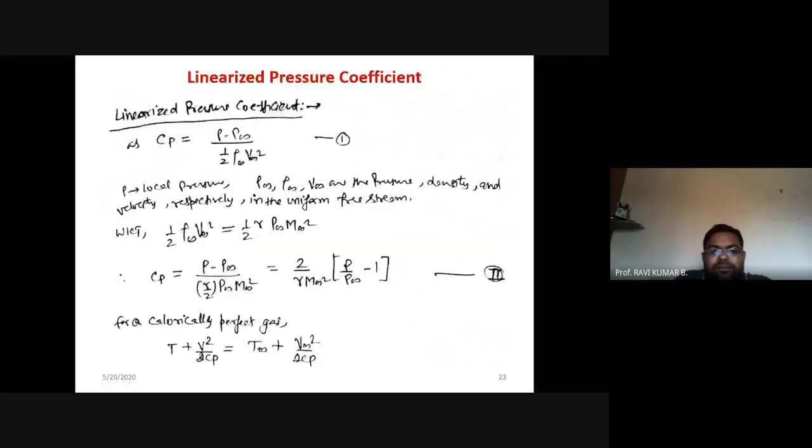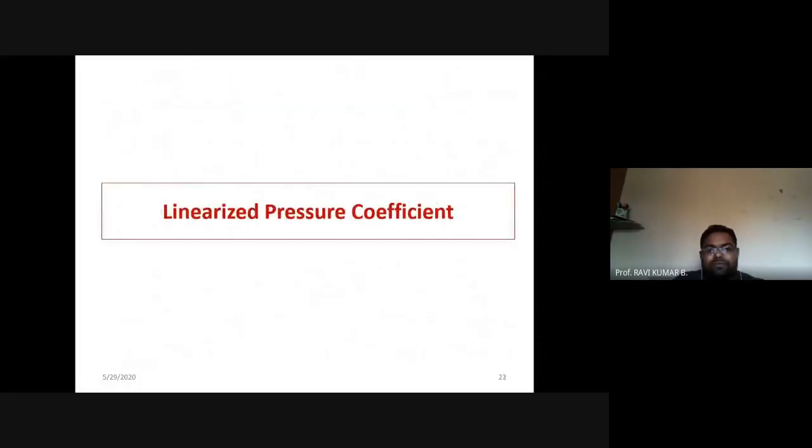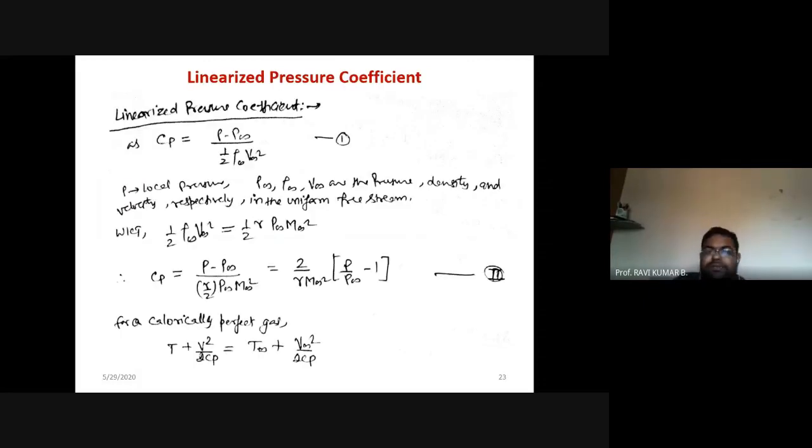Now we'll go for the linear pressure coefficient. We need to find out the pressure coefficient for linearized flow. So we know the pressure coefficient is given as (P minus P infinity) divided by half ρ∞ V∞², where P is the local pressure and P infinity is the free stream pressure, right? This is the free stream density, this is the free stream velocity.